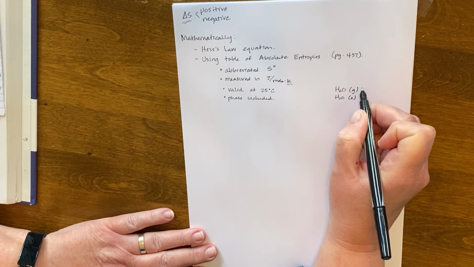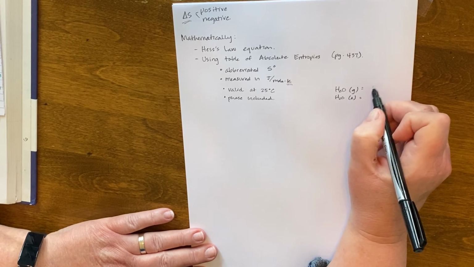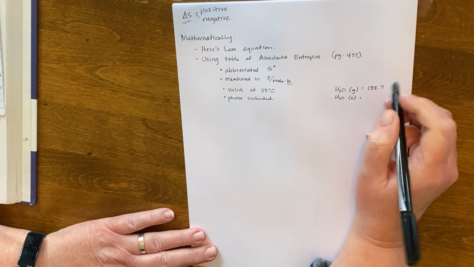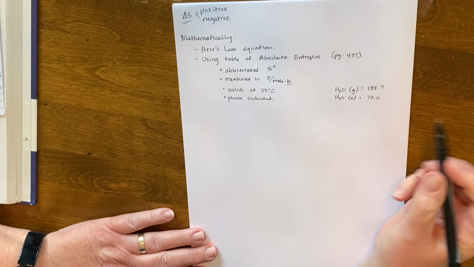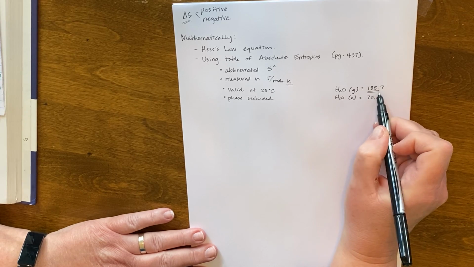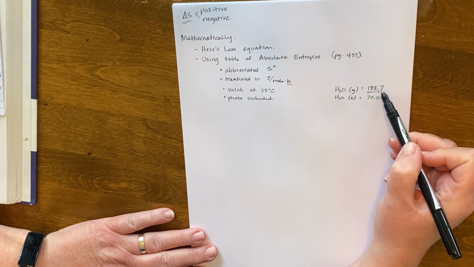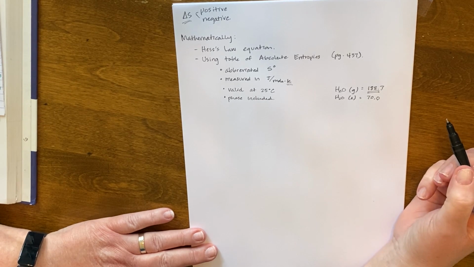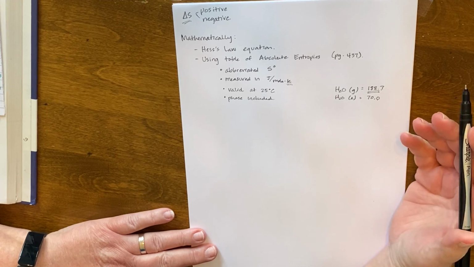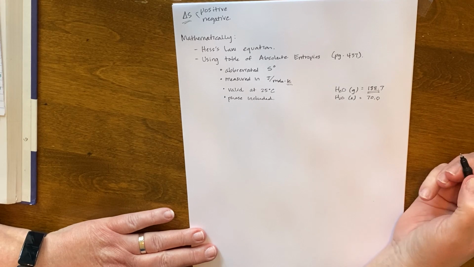I'm just taking values from the table. Gas is 188.7. Liquid water is 70.0. It makes sense that our gas would have more entropy or more disorder than our liquid water. These numbers are kind of an indication of, for each of these molecules in their phase, how much disorder there is.